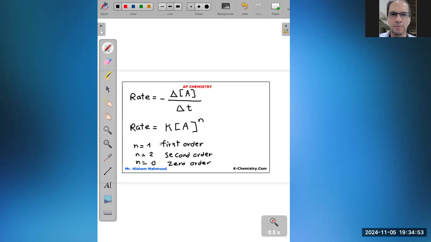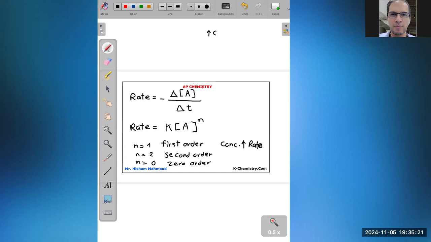Okay, let's remember together what is the effect of changing the concentration on the rate if it is first order, Yasin. If it is a first order reaction, what will be the effect of changing the concentration? When you change the concentration in the first order, the rate of the reaction is going to be changed in the same way.